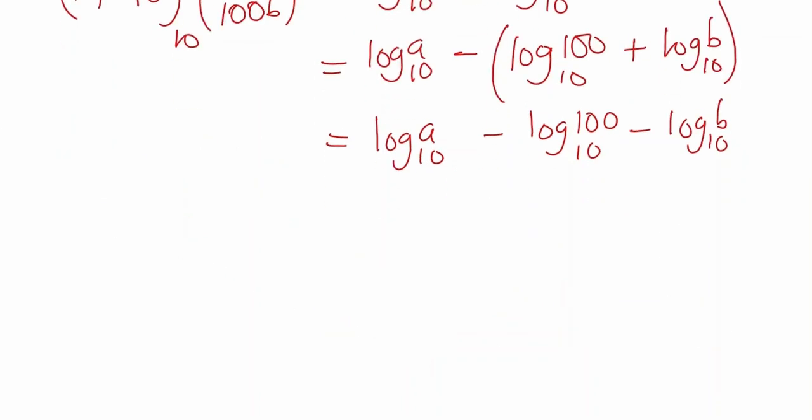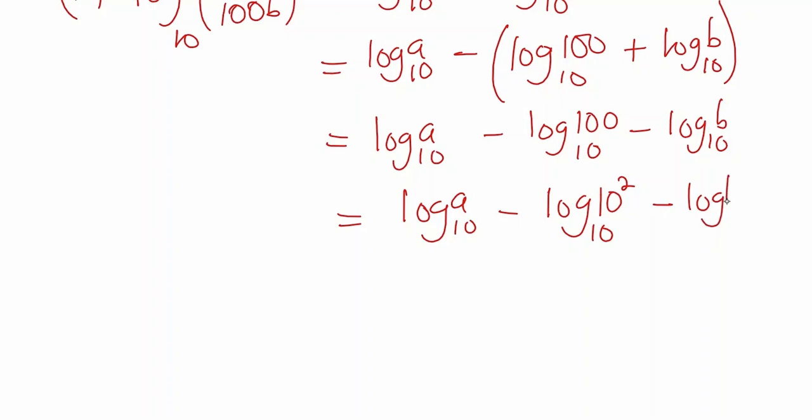Now we continue, and we have logarithm of a base 10. Now 100 can be expressed as 10 exponent 2. So we have minus logarithm of 10 exponent 2 base 10 minus logarithm of b base 10.